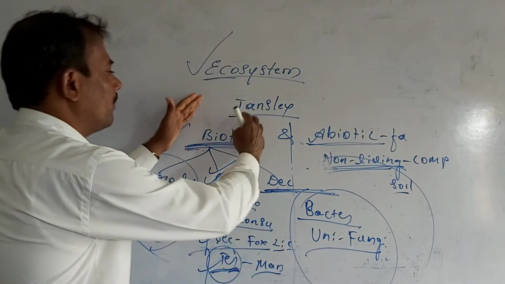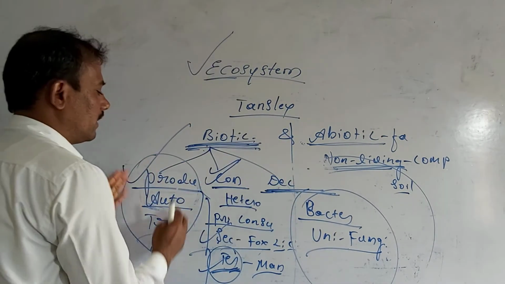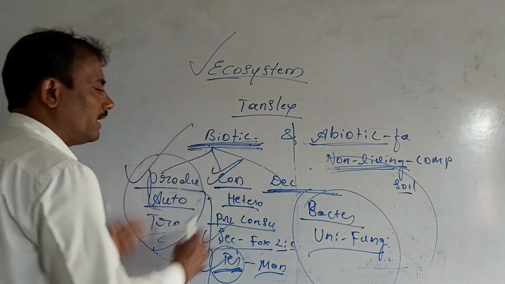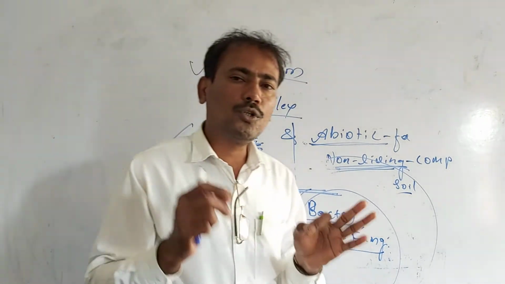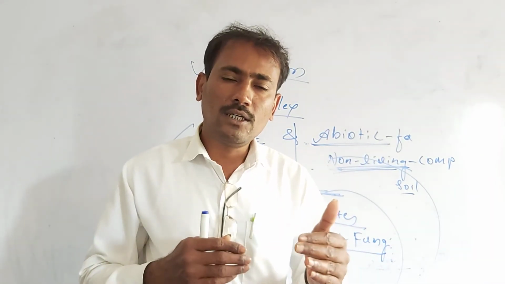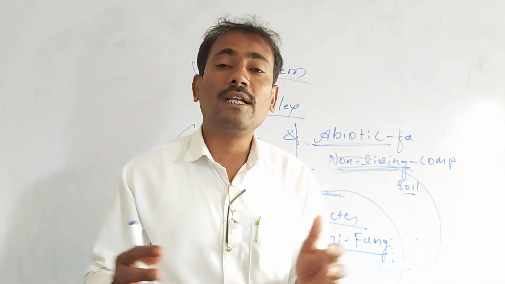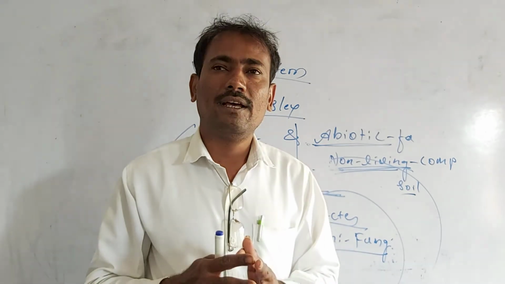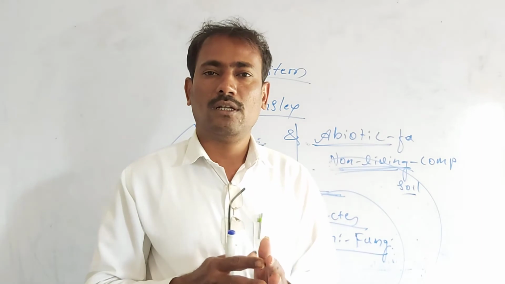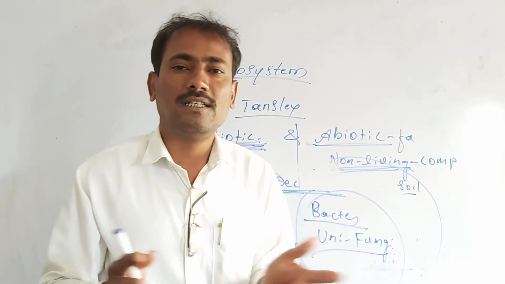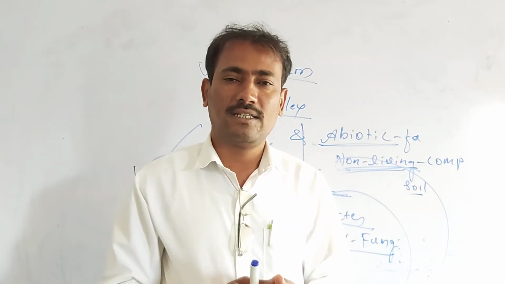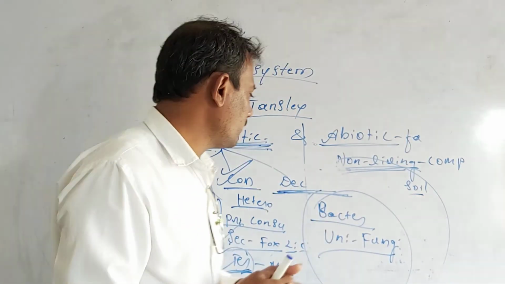All biotic factors are of three different types: producers, consumers, and decomposers. They continuously interact and interdepend upon each other for energy and for other nutrients and materials.